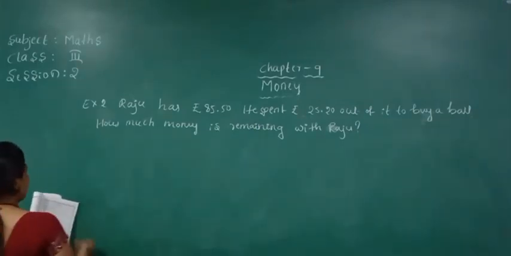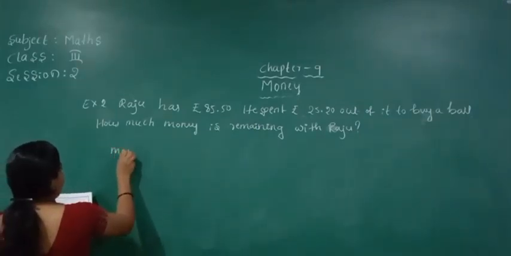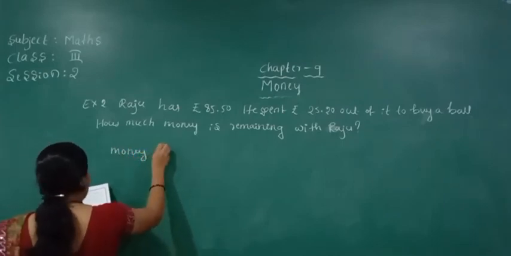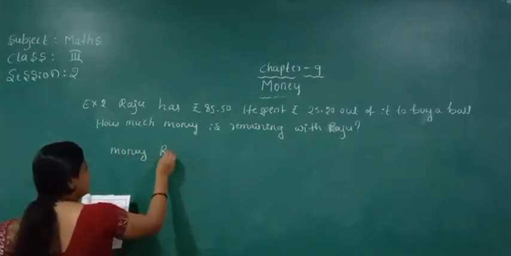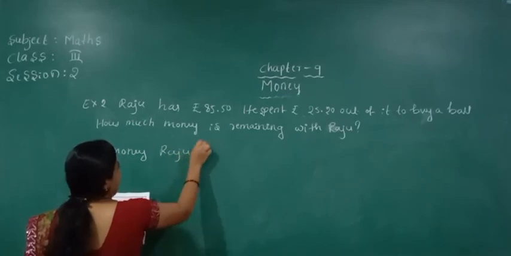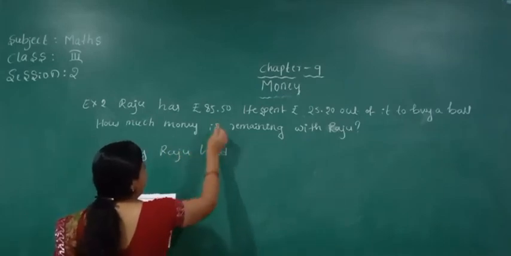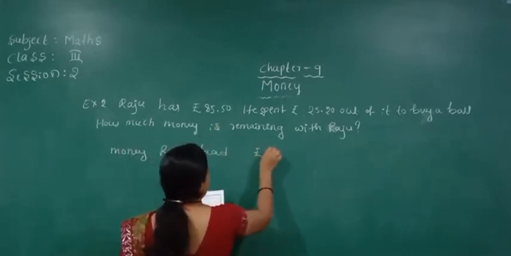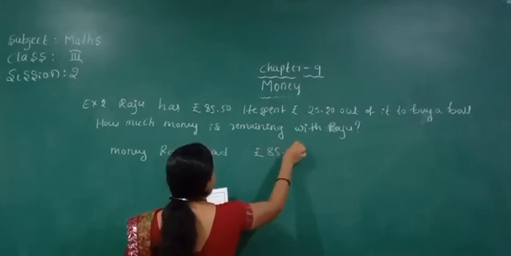So here, see, money Raju had. How much money he had? Rupees 85 50 paise.